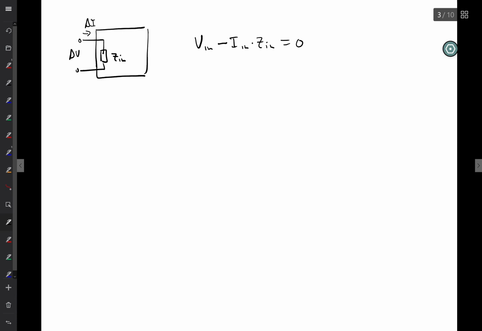And so it's very easy to see that Z in is given by delta V in divided by delta I in. Okay, so that's the second one.